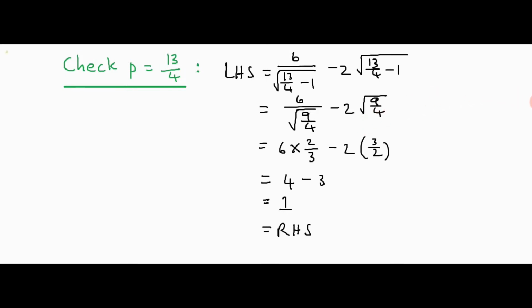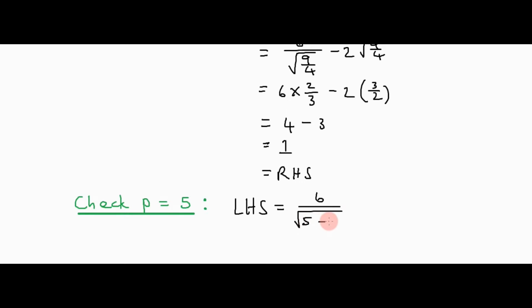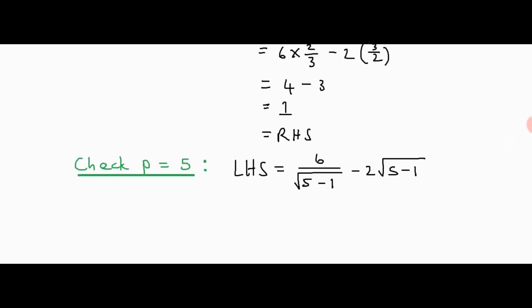Let's now check p equals 5. So once again substituting into the left-hand side of the original equation, we have 6 over the square root of 5 minus 1, so p minus 1, minus twice the square root of 5 minus 1. And 5 minus 1 is 4, the square root of which is 2. So 6 over 2 minus twice 2.